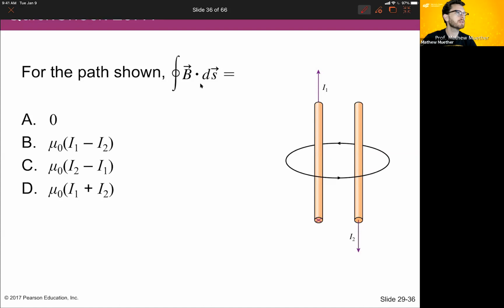Share the results. Most of you selected B. Okay. Well, we know that this thing is like mu naught times the enclosed charge.